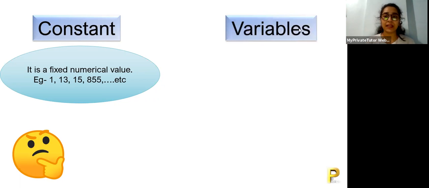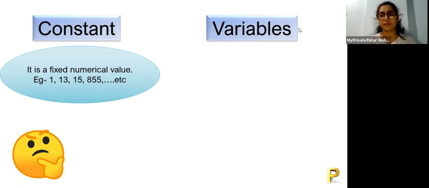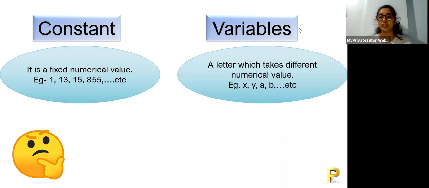Next we have variables. A variable is a letter which takes different numerical values. What does that mean? If you take 13 as a number, it is not going to be that tomorrow the 13 will change into 15. The 13 will be 13 today, tomorrow, and any day.